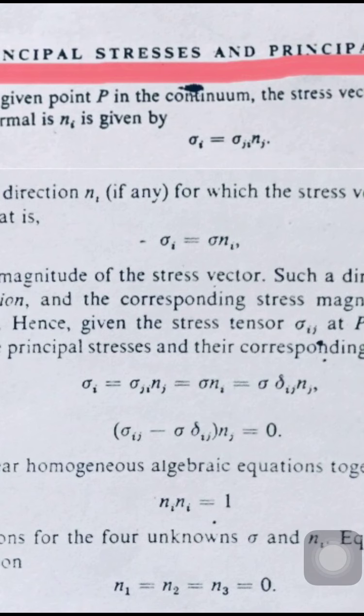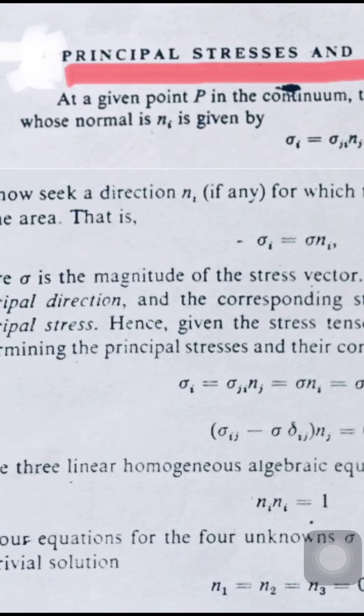So these two equations are very important. One we already studied. Second, we are now taking a direction, if it exists, for which the stress vector is normal to the area, and then it can be written sigma_i is equal to sigma n_i. Here sigma, only sigma without indices, is the magnitude of the stress vector, meaning it is a numerical value.